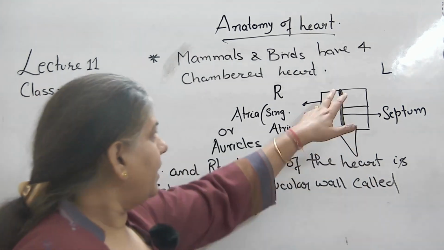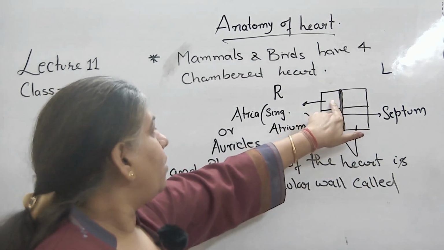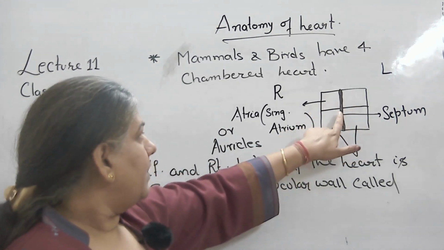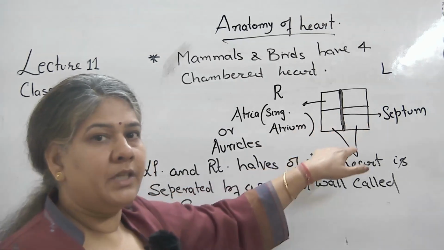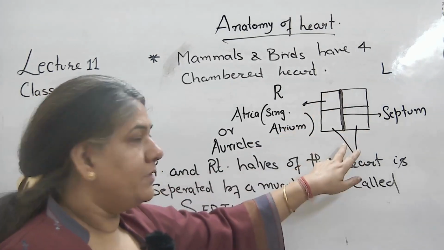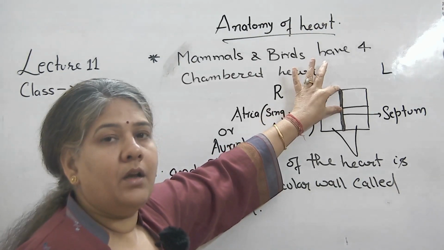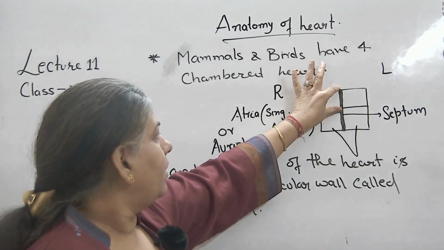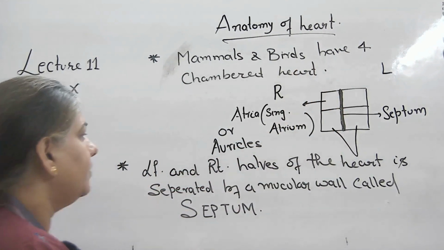Okay, this septum wall between two auricles will be the interauricular septum. Then the septum between two ventricles will be the interventricular septum. So the whole is septum, but in portions we can say interauricular septum and interventricular septum. Okay.